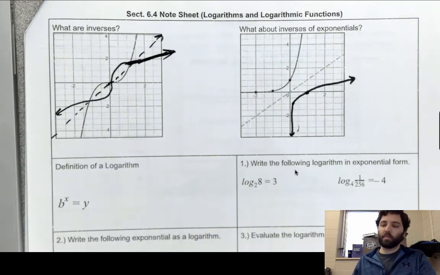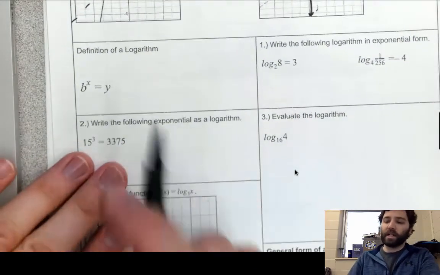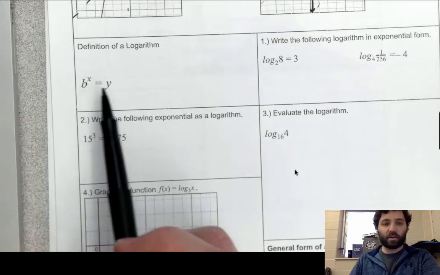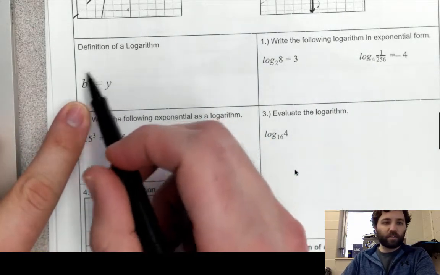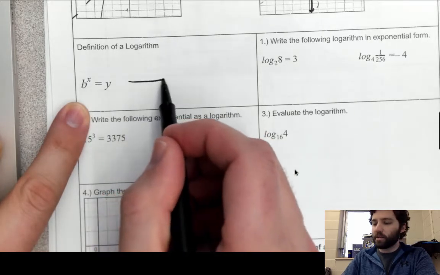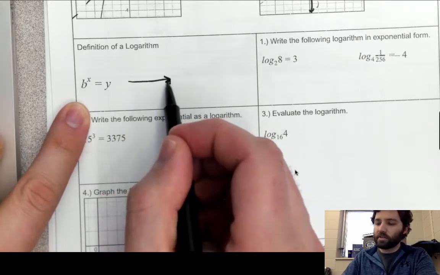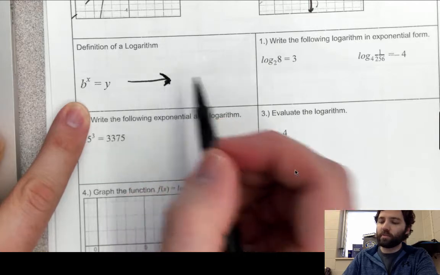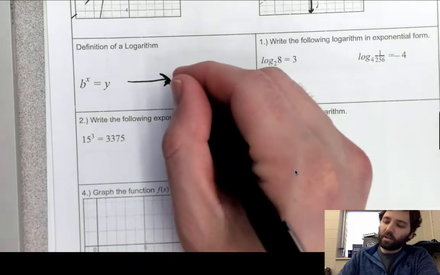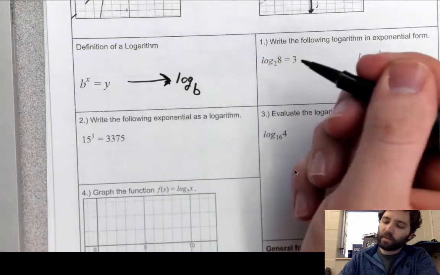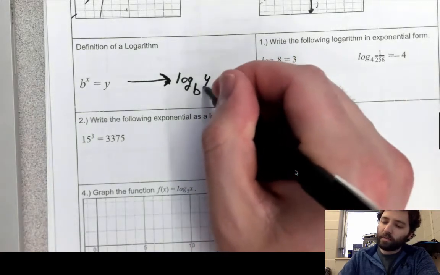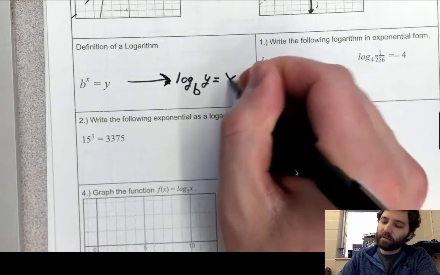I'm going to show you how we can take any exponential and turn it into a logarithm. So if this is the format of my exponential equation, then I can change this to a logarithm in this way. I can take the log with the base b of y, and that will equal x.